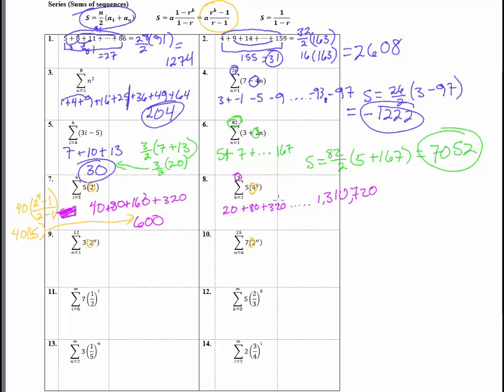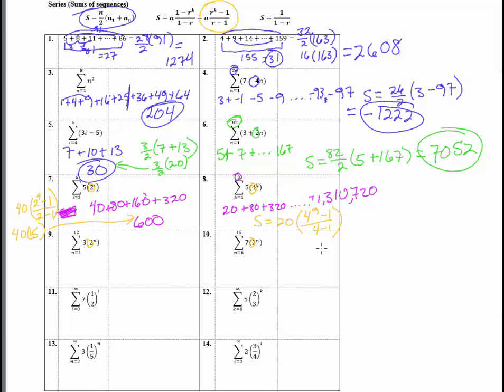It's a big number. And we're going to add all those guys up. I'm not going to do that. I'm going to use this formula up here. So the sum is going to be the first term, 20, times 4 to the 9th power, there are 9 terms, minus 1 over 4 minus 1. So 4 to the 9th minus 1.